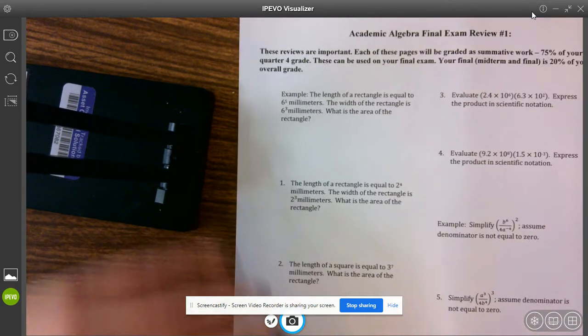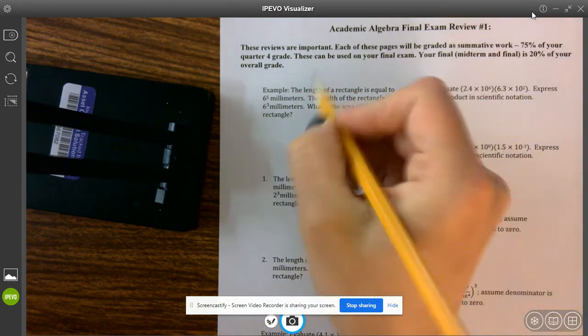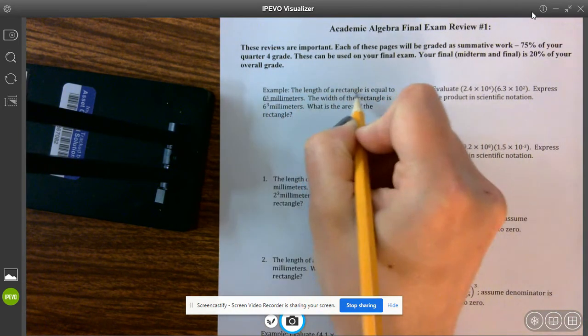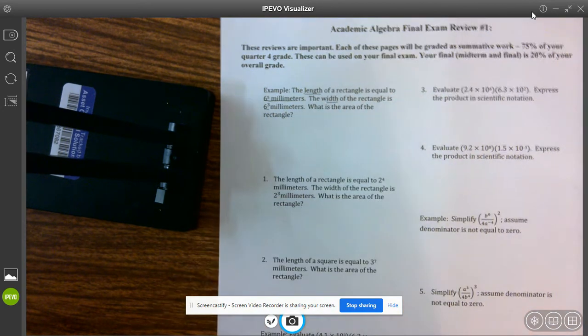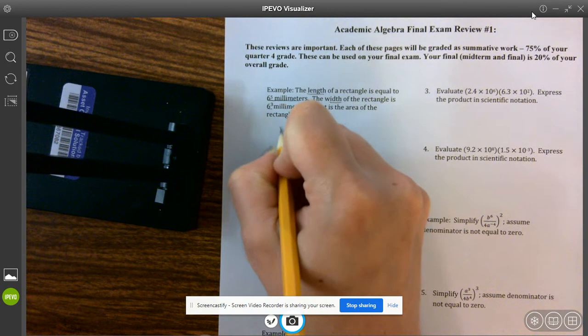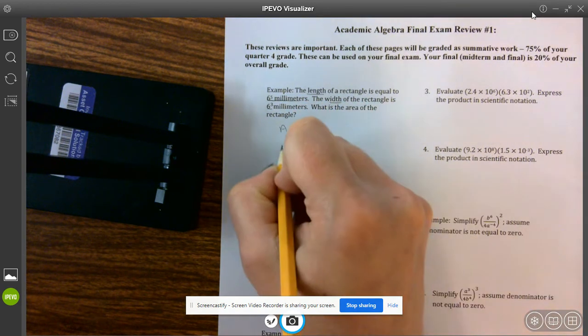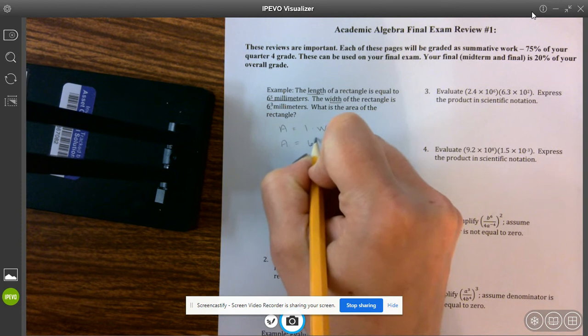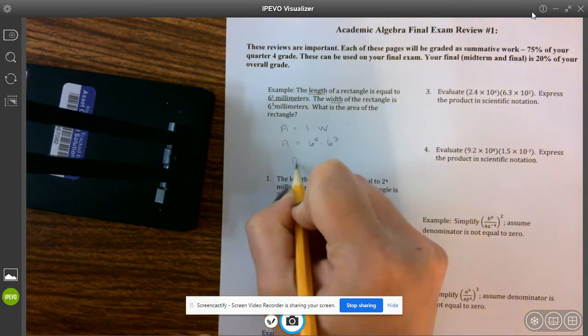So the first example: the length of a rectangle is equal to 6 to the fifth millimeters, and the width of the rectangle is 6 to the third millimeters. What's the area of the rectangle? Well, area is length times width. So the area is 6 to the fifth times 6 to the third, which reduces.